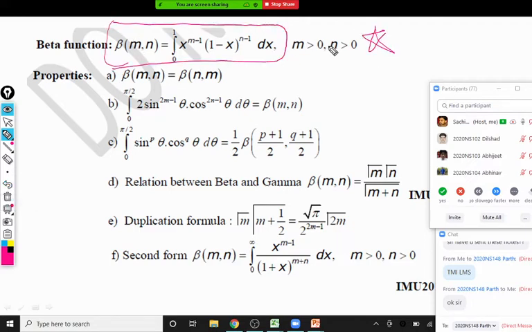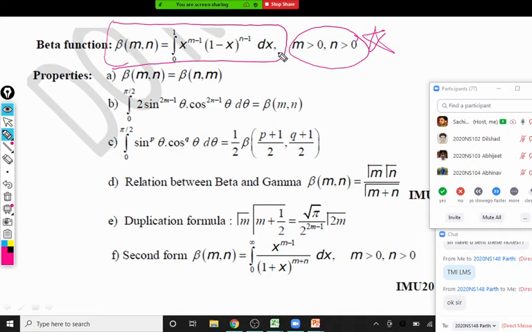Again, beta exists for m and n greater than 0 mainly. Like gamma, it does not exist for negative integers; otherwise it exists for positive integers and positive fractions also.